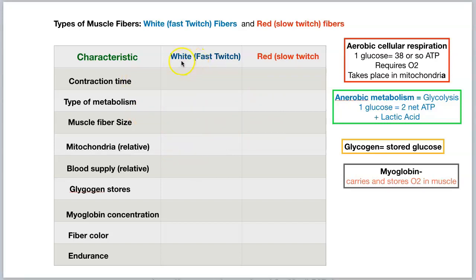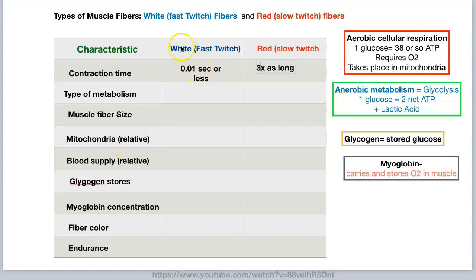If you say it's a white or fast twitch muscle fiber, that means its contraction time is super fast. So when we say white fast twitch, we're meaning how much time between when the muscle fiber receives its electrical stimulation from the nervous system to the time it actually contracts.